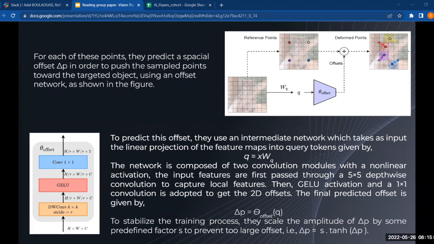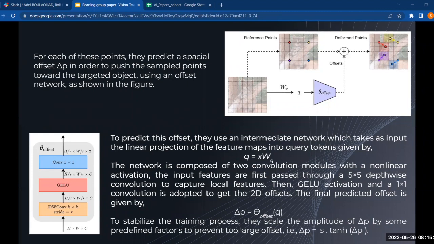The feature maps are projected linearly to the query tokens, q equals x W_q, and then fed into a lightweight subnetwork, the offset network, that we can see on the left side. This is a network that they designed for getting the offsets of each reference point.